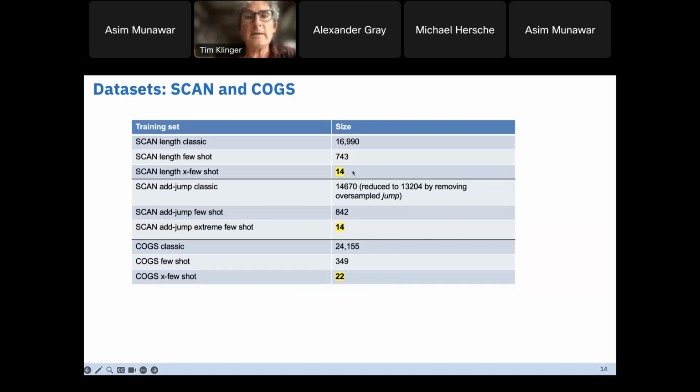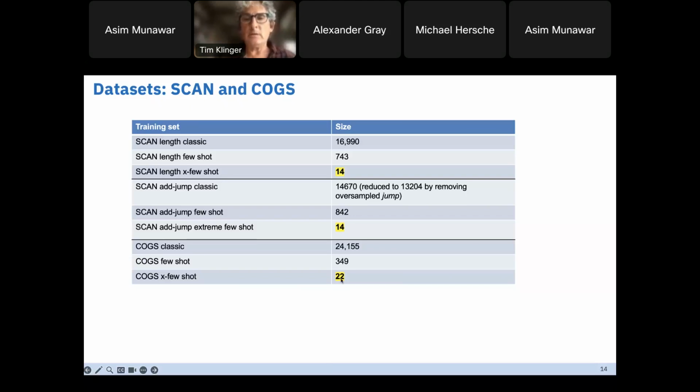In that case, you get down to just 14 examples out of the 17,000 for the length split. Similarly for the systematicity test. And for COGS, it's even more dramatic: just 22 examples that cover all of the different types represented in the data set. So this is what we're going to evaluate the model on.